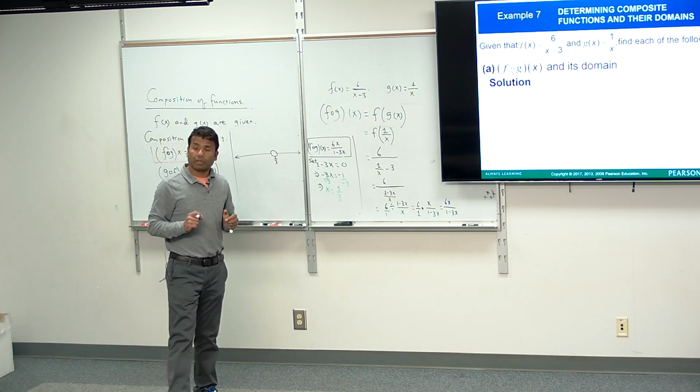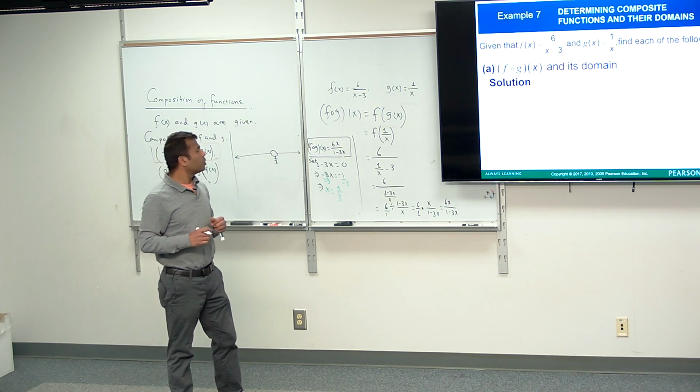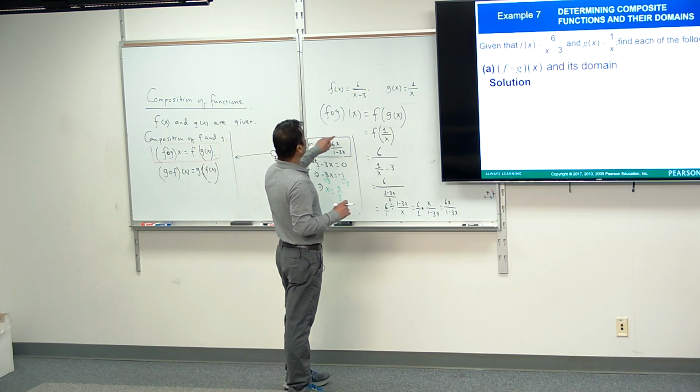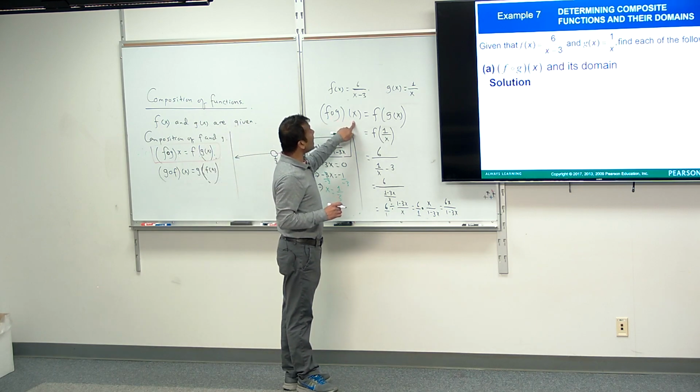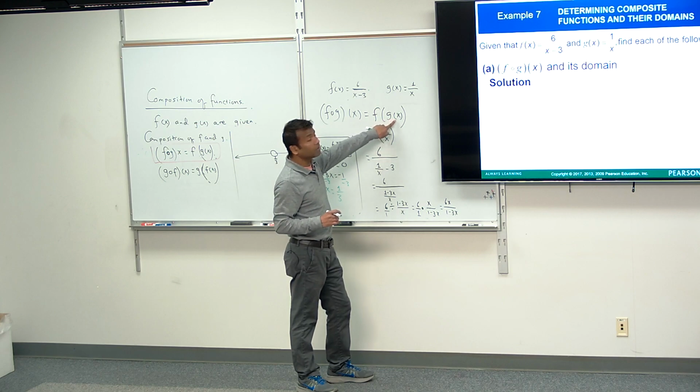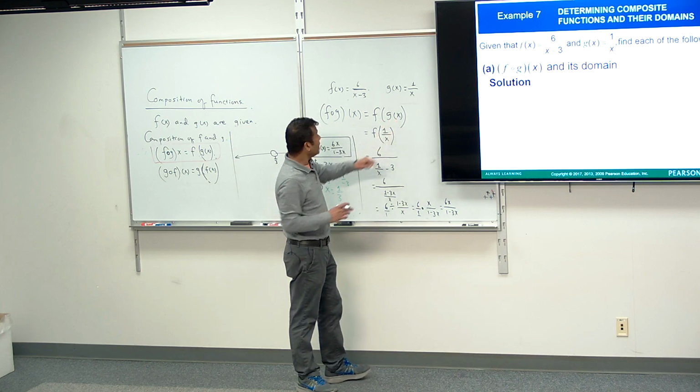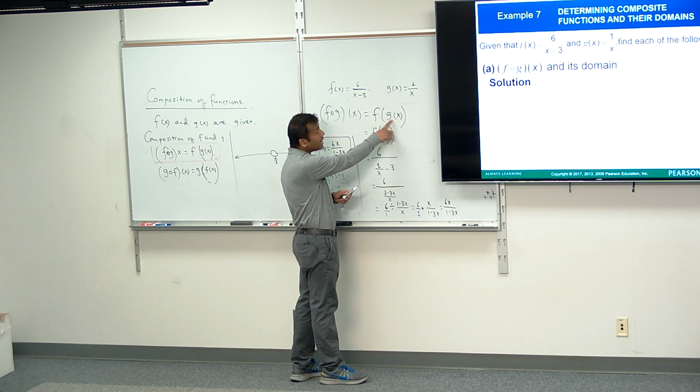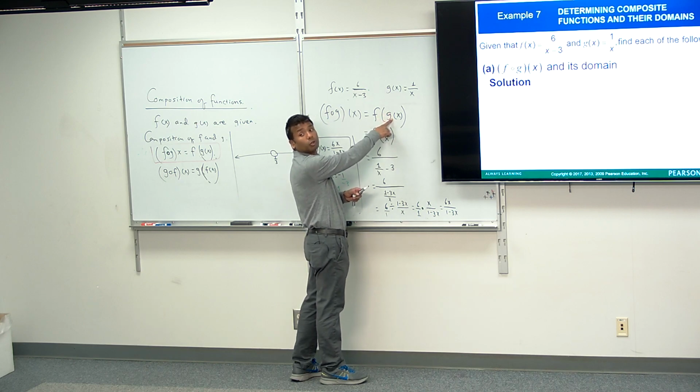Now, you got to be a little bit careful here. You see, f of g of x is defined as what? f of g of x, is that right? If g of x is undefined, then f of g of x will also be undefined. Are you with me?